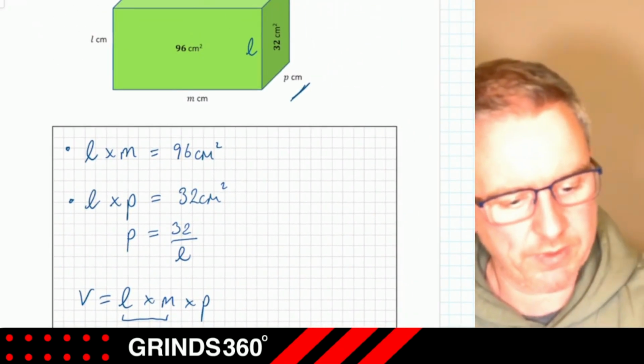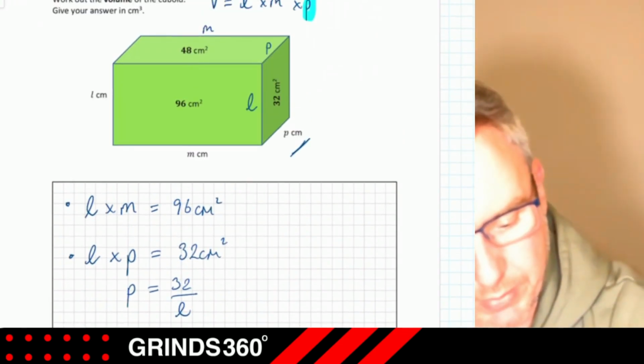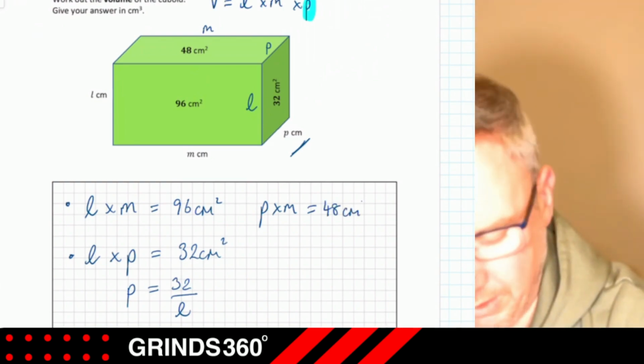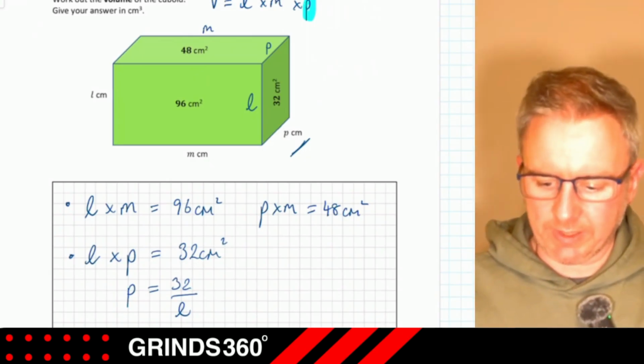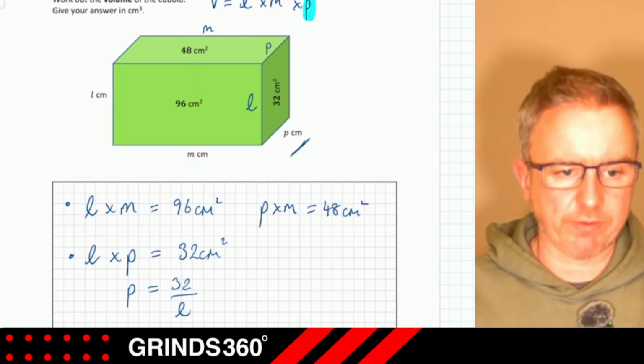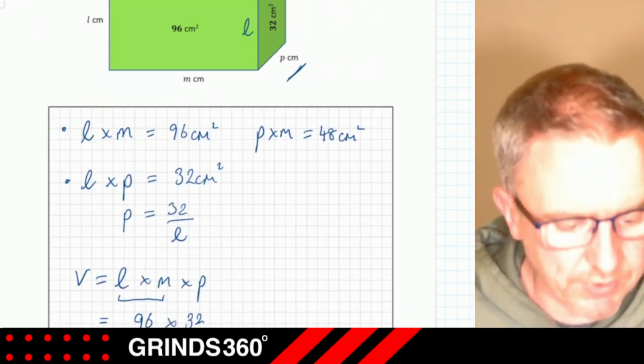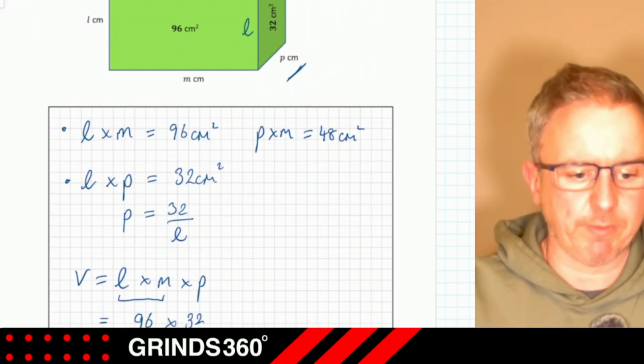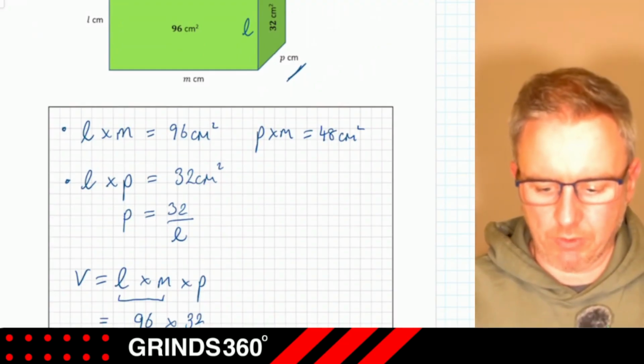So you came along and you said, well, look, P times M, what's that going to give me? It's going to give me 48. So you had to move through it like that to try and get your values as you went. A lot of students kind of headed off in that direction, multiplying them out and multiplying them out all the time.